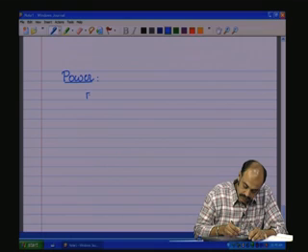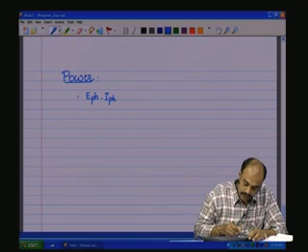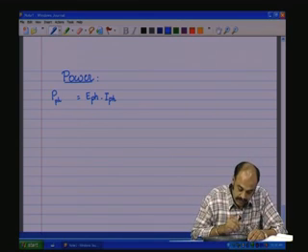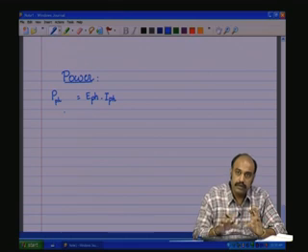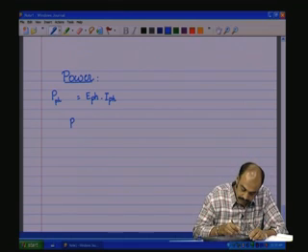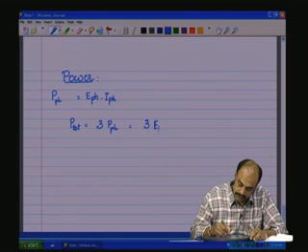So, E phase into I phase will be the power per phase. However, there are 3 phases and therefore, the power of all the 3 phases get added up and therefore, the total power P total will be 3 into the phase powers, which is equal to 3 into E phase I phase.